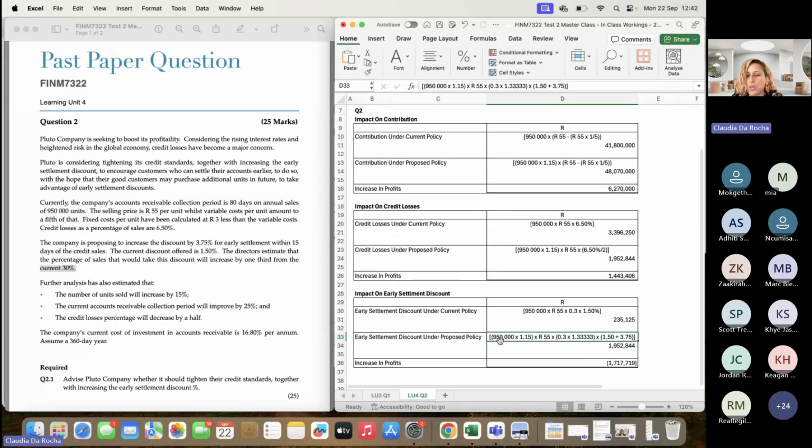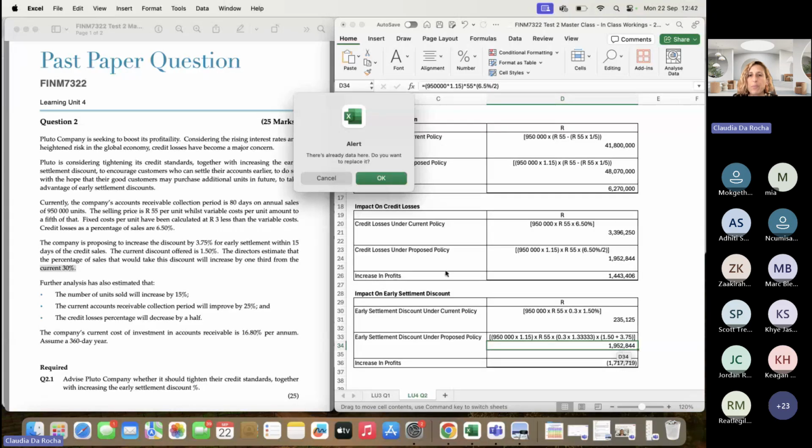Okay, so again, units being increased because of the new policy times 55 selling price times 0.3 being increased by 1/3, which is 33.333, times the percentage, which is being increased by 3.75.